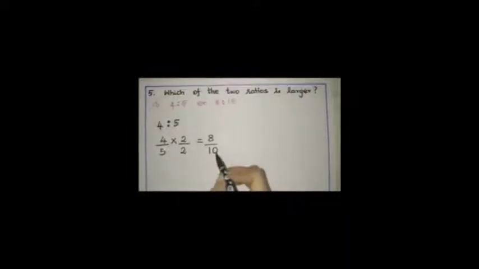So you will get 4 2s are 8 and 5 2s are 10. So this one is 10, but this one is 15. So let's multiply by another number. So 4 by 5 into 3. 4 3s are 12. 5 3s are 15. Yes, we have got 15. Here also 8 by 15.